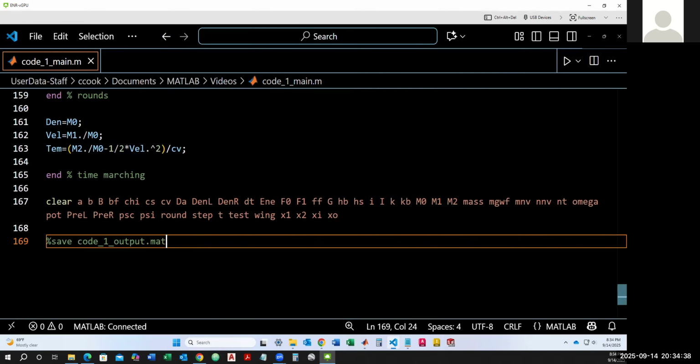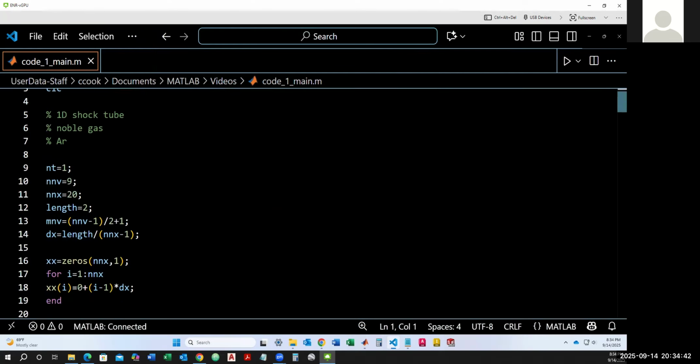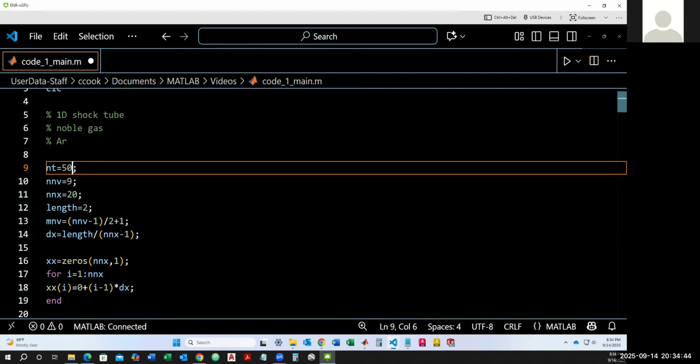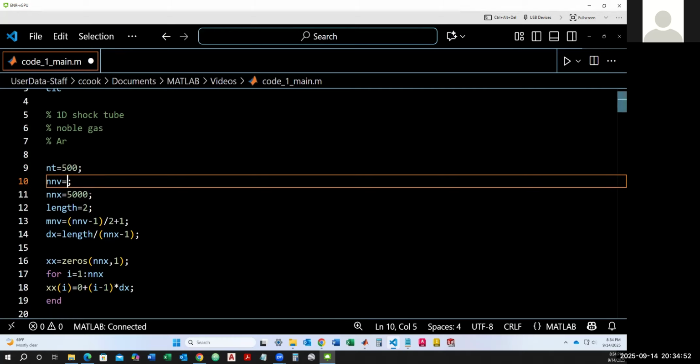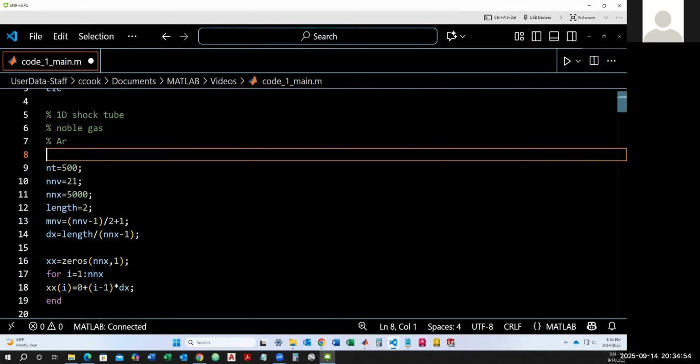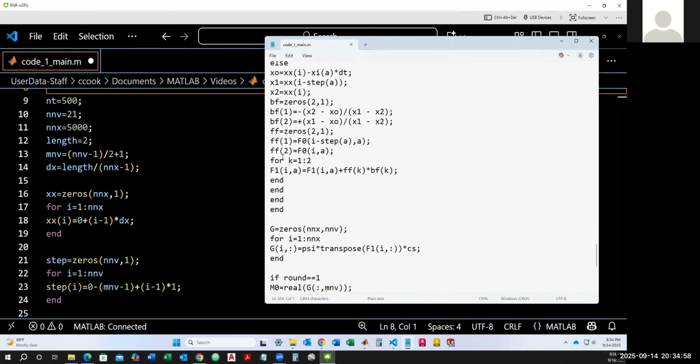I'm going to go back to the top of the code here. I'm going to set NT to, let's say, 500. I'm going to set my NX: we'll use 5,000 nodes. I'm going to use 21 velocities. Let's set an end time.